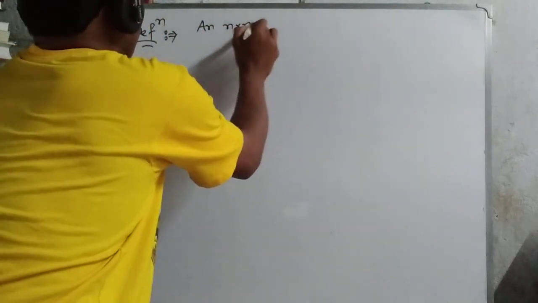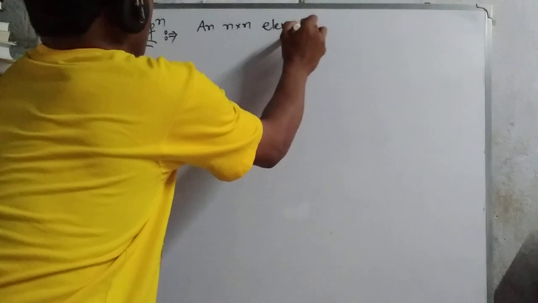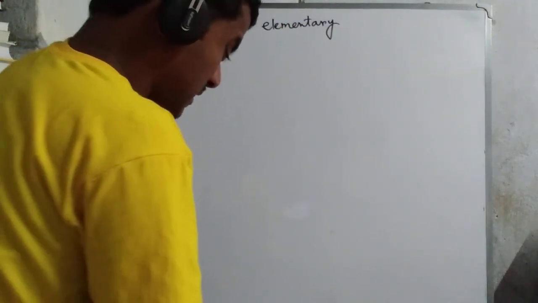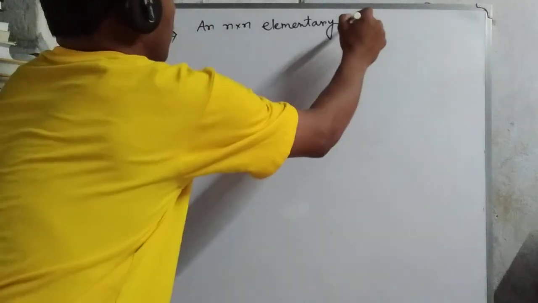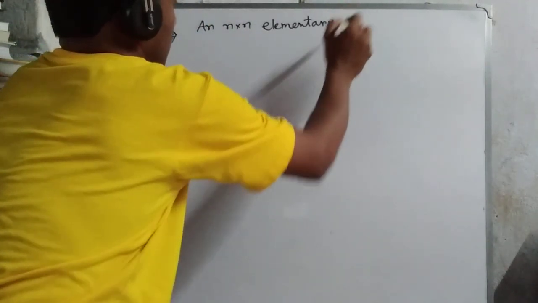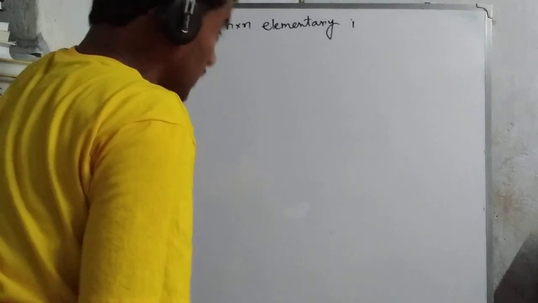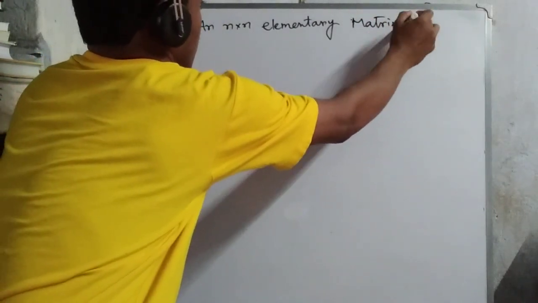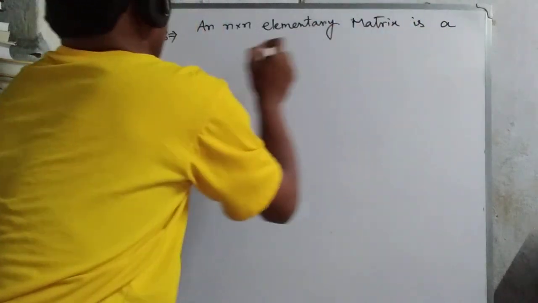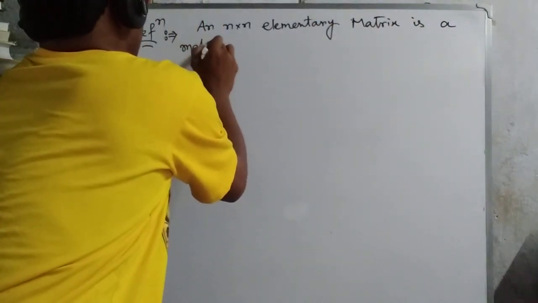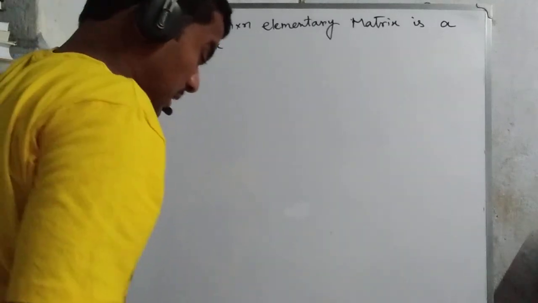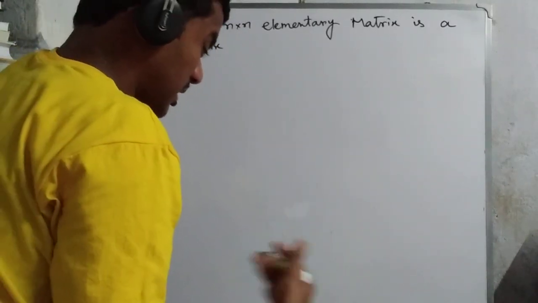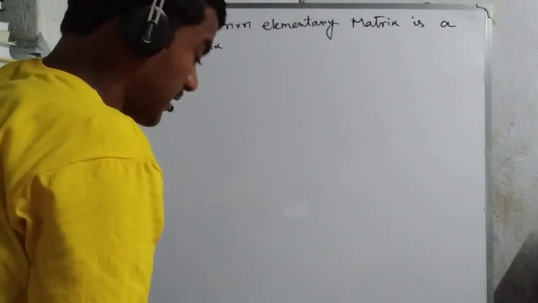An n cross n elementary matrix is a matrix obtained by performing an elementary operation on Im.